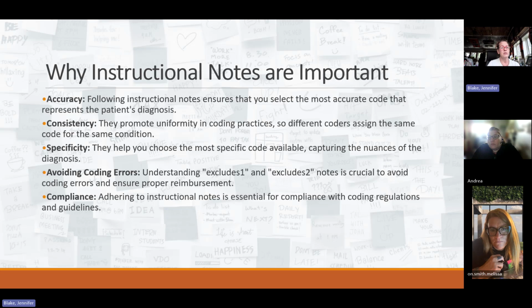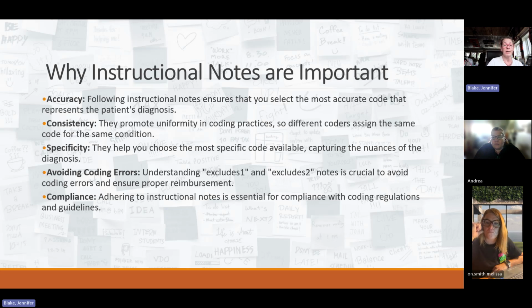Okay. Also specificity. As I mentioned before, when you're coding and you're getting reimbursed, the healthcare provider is getting reimbursed for these codes. The more specific the code is, the higher the reimbursement. And that healthcare provider wants the most money that he can get, right? Because he's doing a lot of work. So we want to make sure that we are doing right by the provider and we are coding to the highest level of specificity.